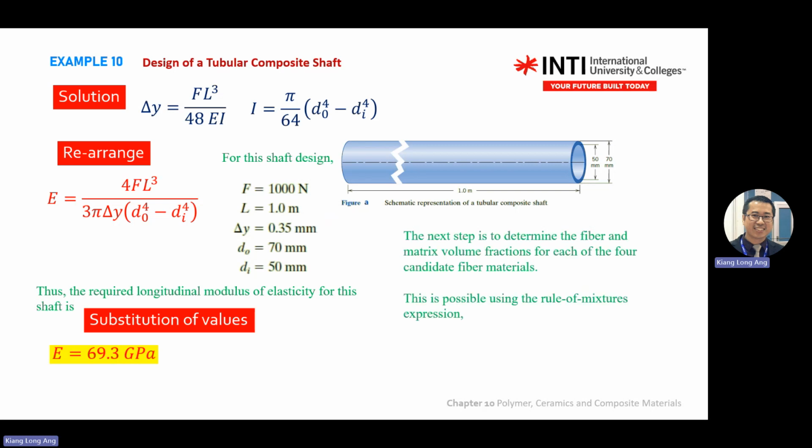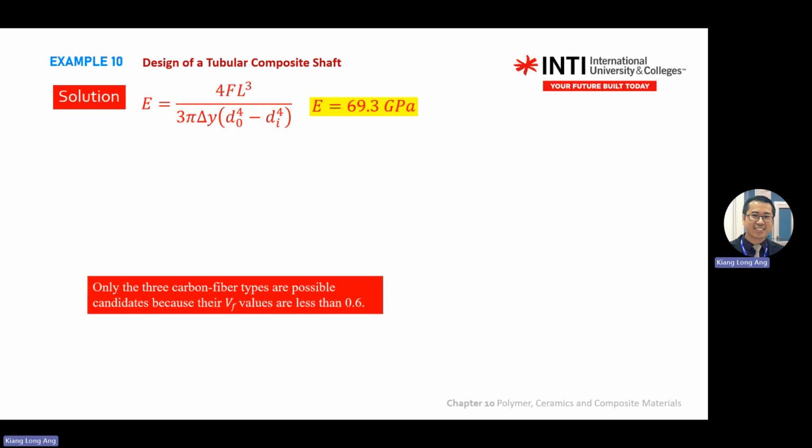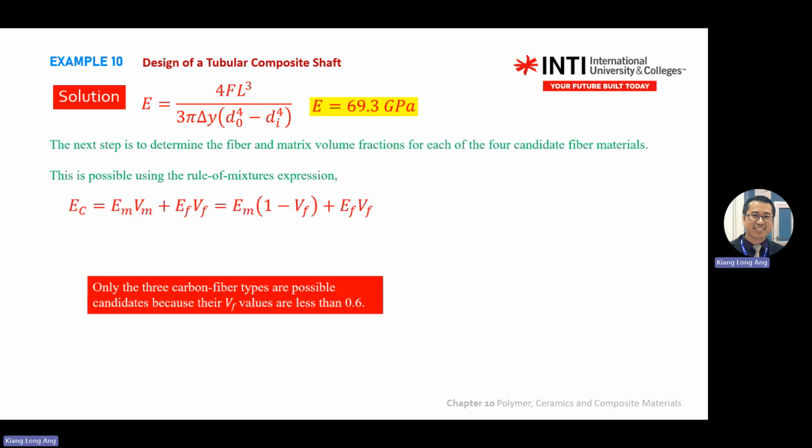Then you go to the composite. So you know that your target is this one, and you go mixing the material. Again, EC equals matrix plus fiber. To make the calculation easier, you focus on the fiber volume fraction.